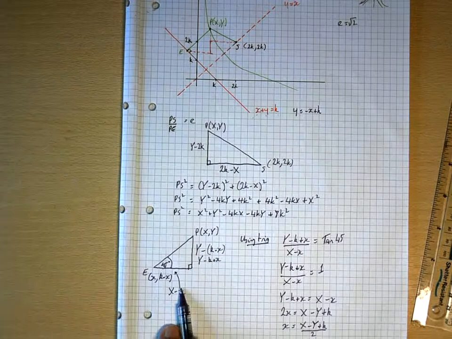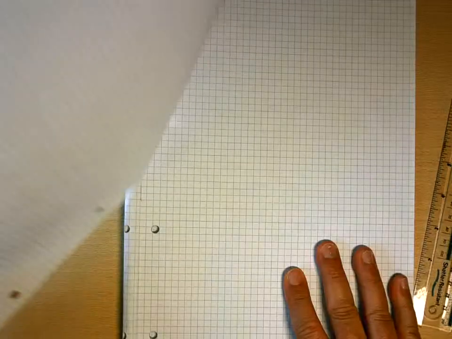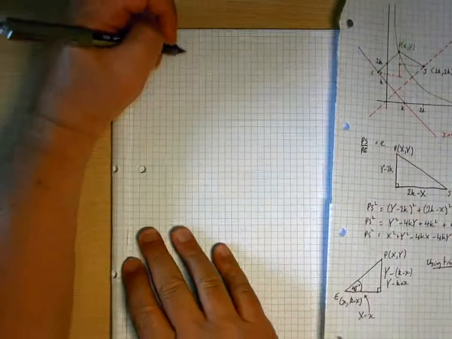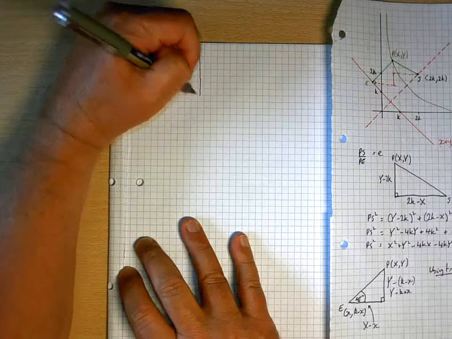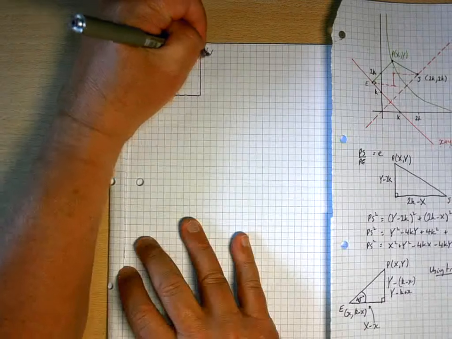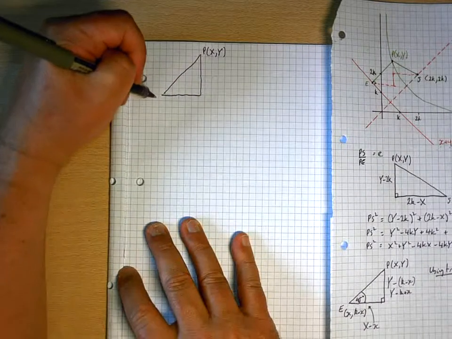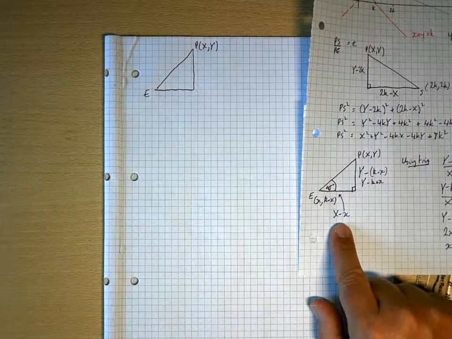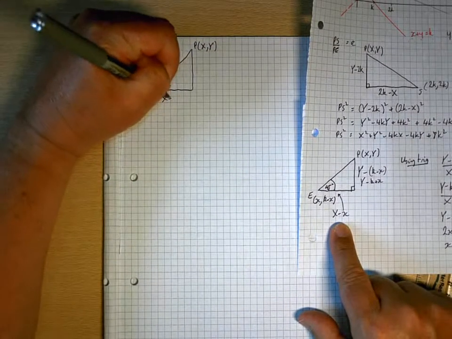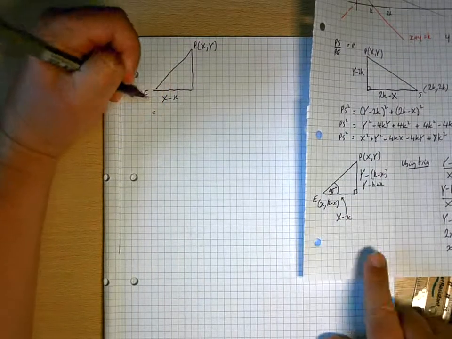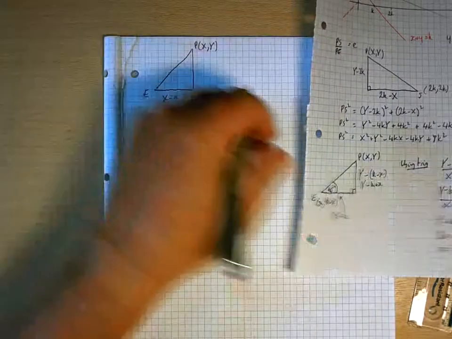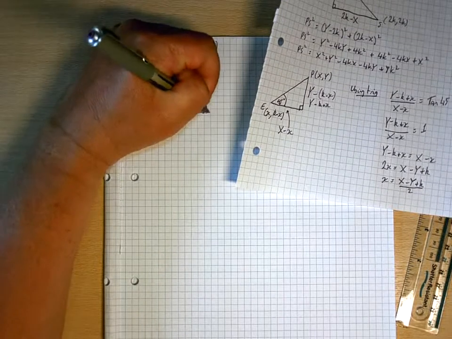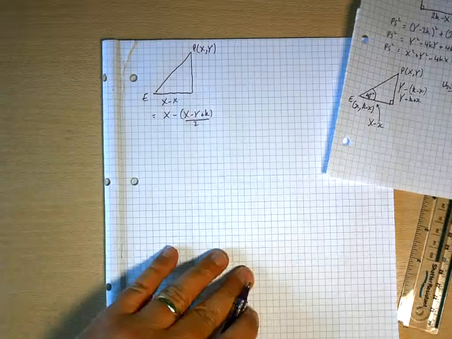So now that I know that, I can rewrite that there. If I draw that again, just to make it easier to keep track of, I've got my P, X comma Y, and I've got my E here, and this is now X minus x, and X minus x equals big X minus little x, which is X minus Y plus k all over 2.